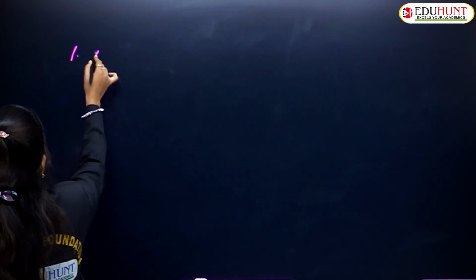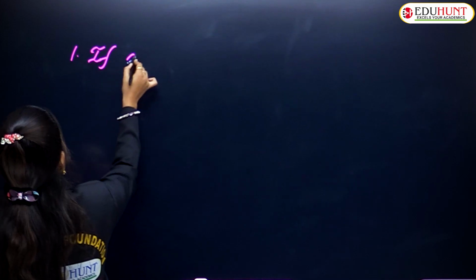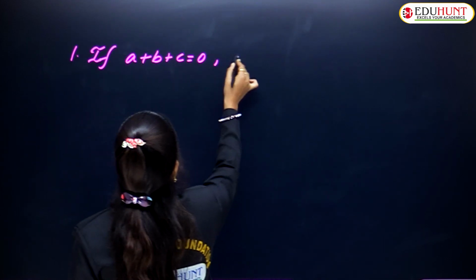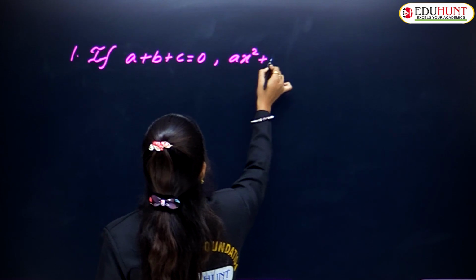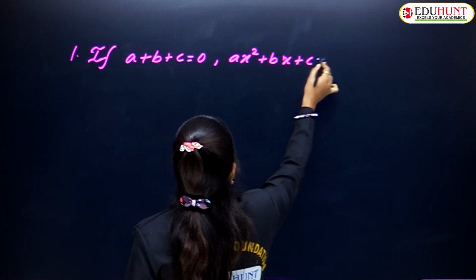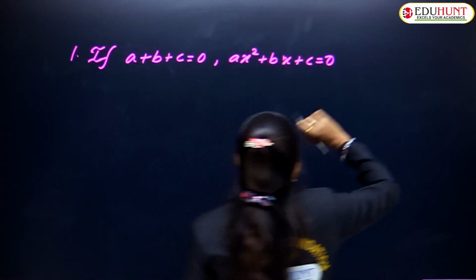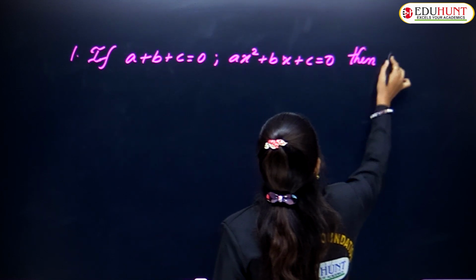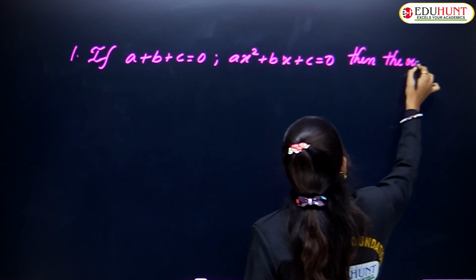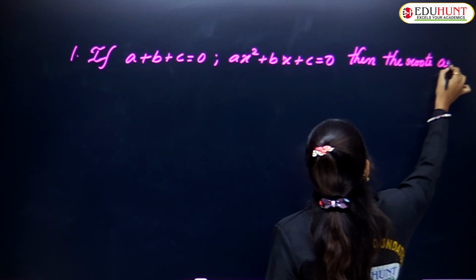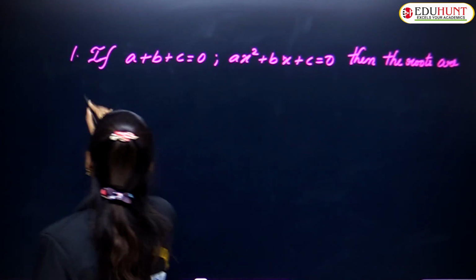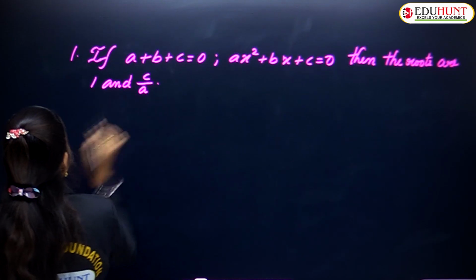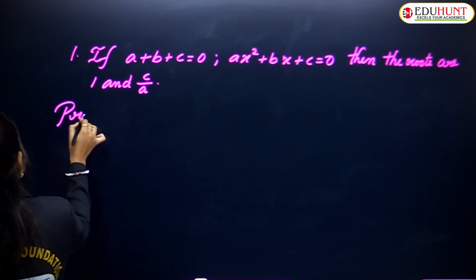Once again I am writing: if a plus b plus c is equal to 0 for the quadratic equation ax square plus bx plus c is equal to 0, then the roots are 1 and c by a. Here see the proof.